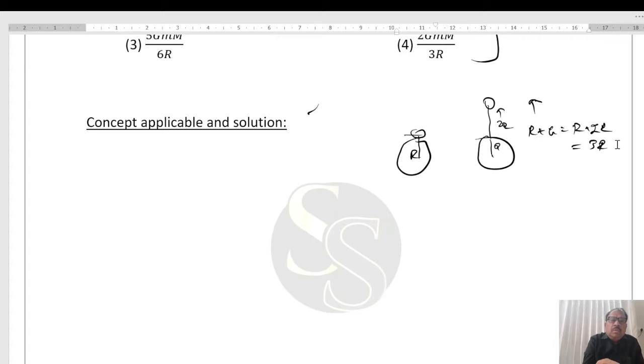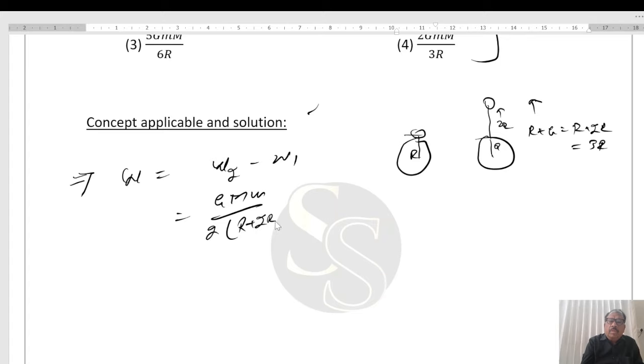Now, the total energy required, W equal to W2 minus W1. That is minus GMm over 2 into (R plus 2R) minus, that is minus GMm over R, the negative sign.